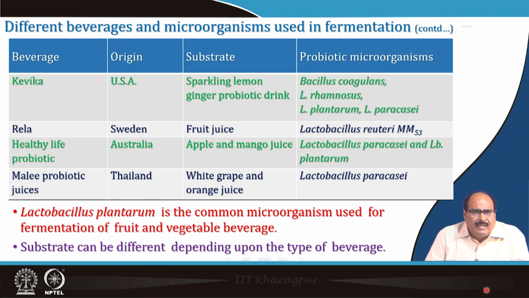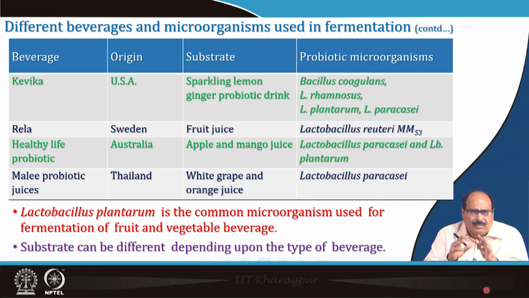In Thailand, there is Mali probiotic juice, prepared from white grape and orange juice, with Lactobacillus paracasei. So from these three slides, we can summarize that Lactobacillus is the majority, and among the Lactobacillus species, particularly Lactobacillus plantarum is the most commonly used microorganism for the fermentation of fruit and vegetable juices, and Lactobacillus is also a probiotic bacteria.